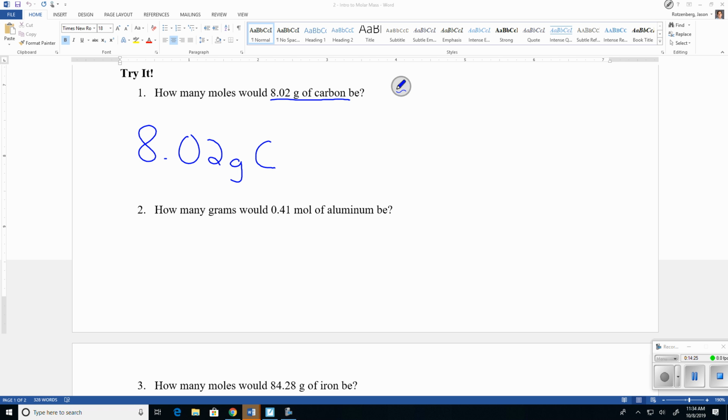You need the molar mass of carbon. In this particular question, it wants me to solve for moles. So moles is on the top of my conversion. I have grams given to me, so I'm going to put grams on the bottom.